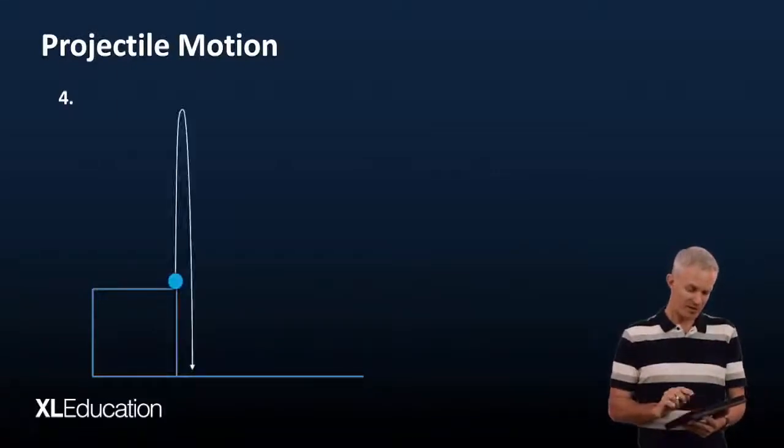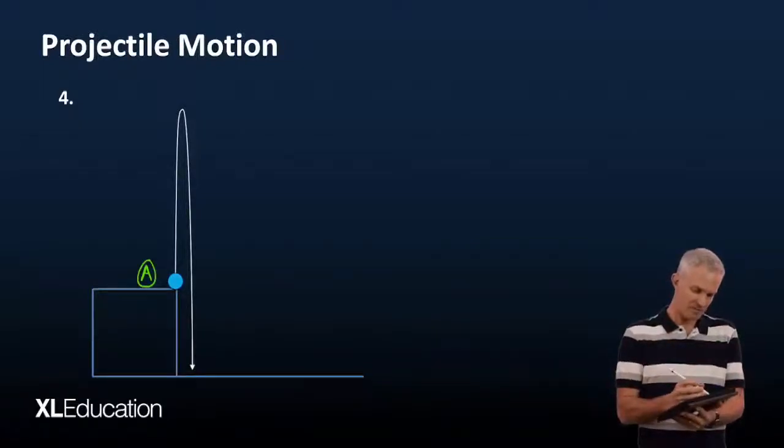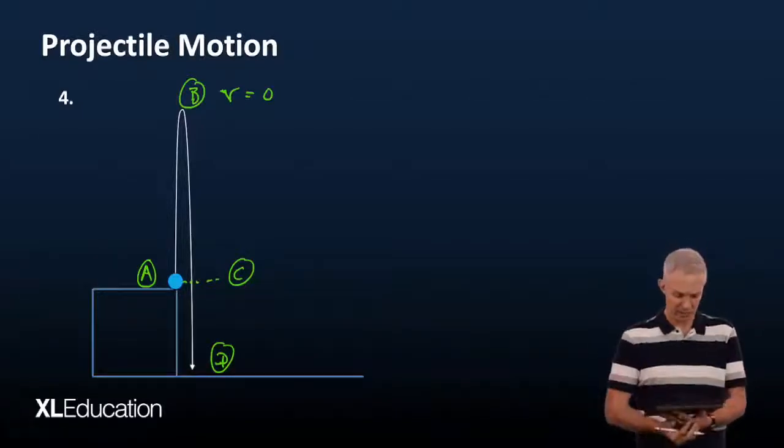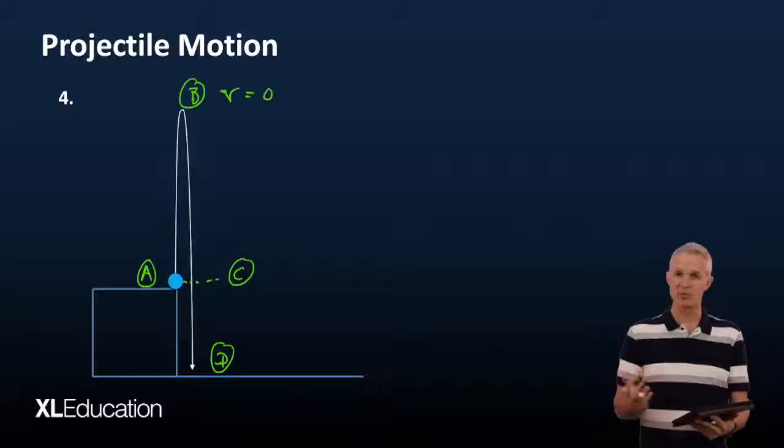So now, if I put in my milestones, it has A, B, like the previous one, where we know that V equals 0 if we happen to need that. I would maybe say we could need C, which is going past where it started, but now we've got a new point at the bottom, which is going to be going faster right down at the bottom of the ground there. Okay, so the principles are exactly the same.